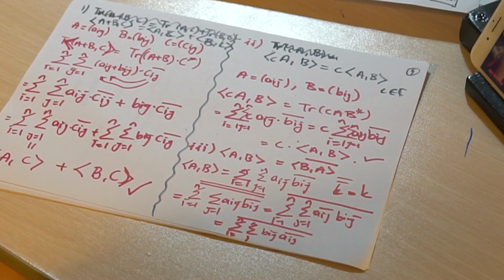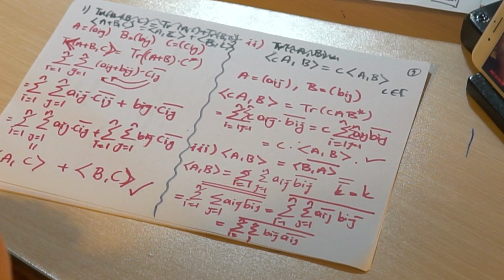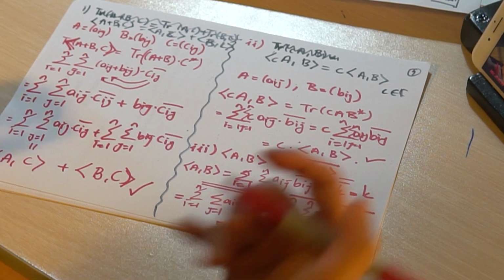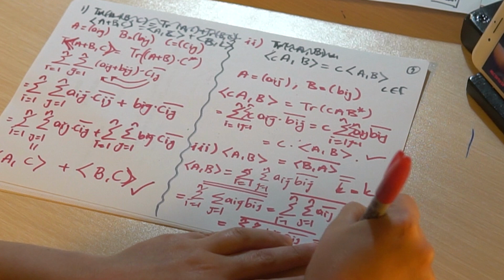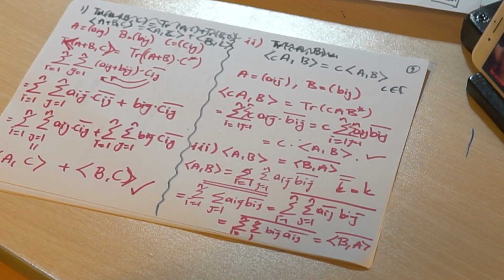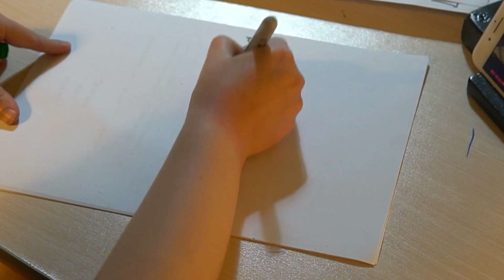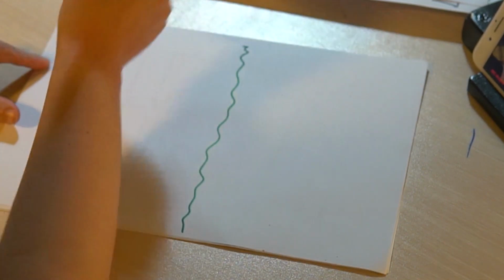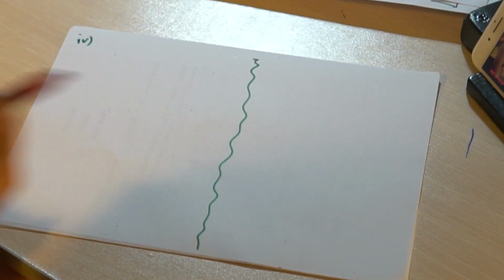This is just a regular product, and the numbers are commutative, so this is equal to the conjugate of the product BA. So the third property is also okay, and we need to show the fourth one.